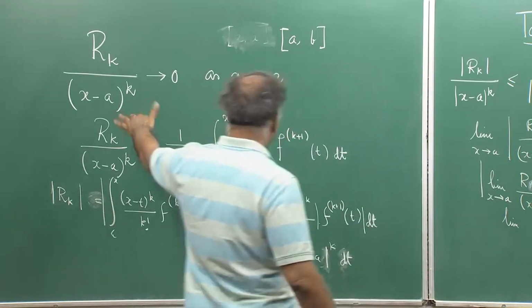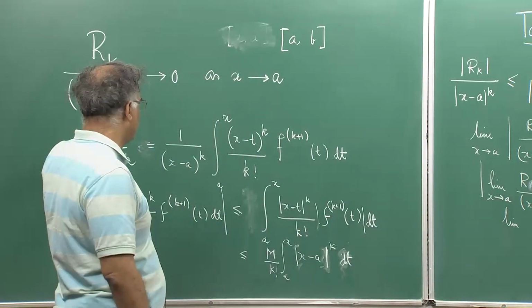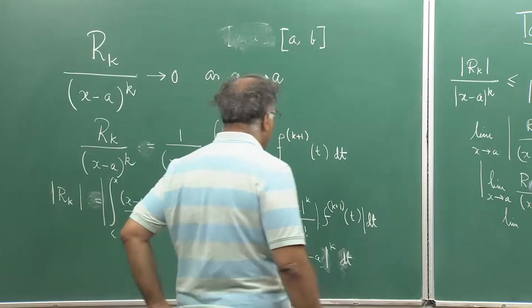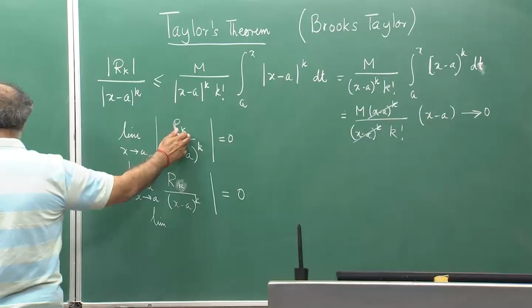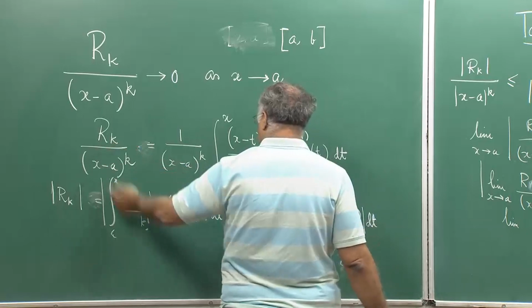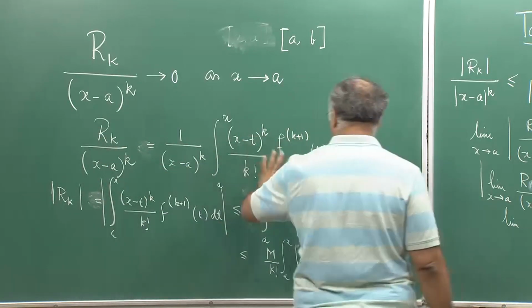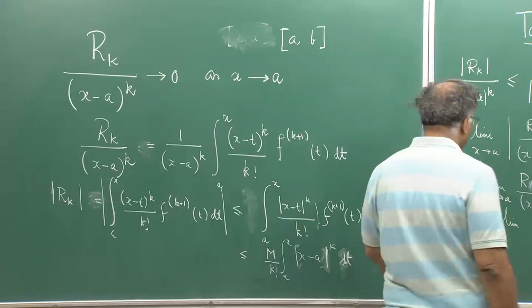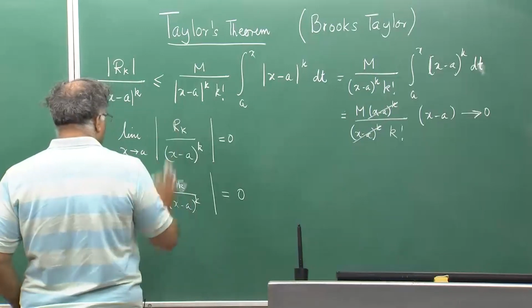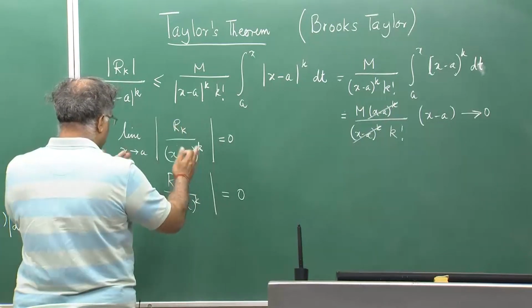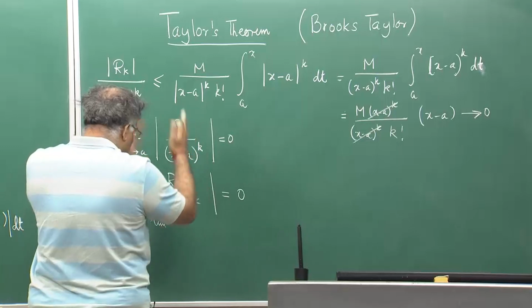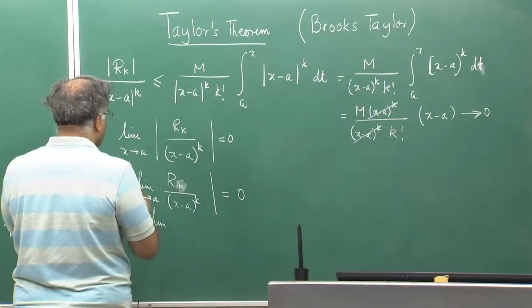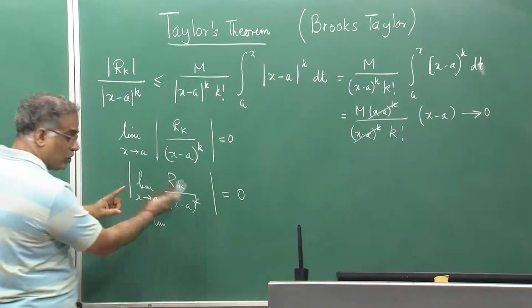R k itself can be thought of as a function of t. So here we are not bothered with the function of t, we are bothered with the function of x. Actually r as a function of t can be, under some very simple conditions, continuous, but that is besides the point. So here I am now looking at it as a function of x. So mod itself is a continuous function, so the limit and the function can be interchanged.